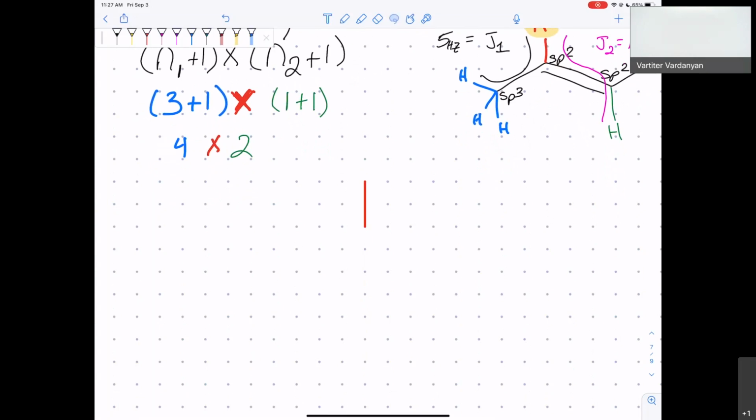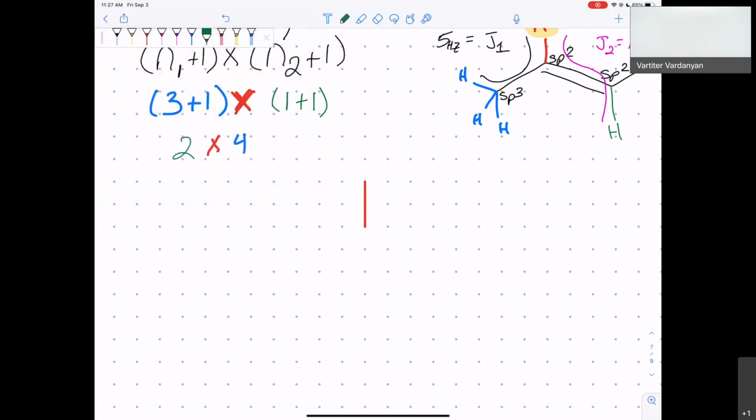Just for pretty purposes, I'm going to put the small number first. You could do it either way, but it looks better. When we're doing complex splitting, we're always going to start with the larger J value because it will look ugly if you do it the other way around.